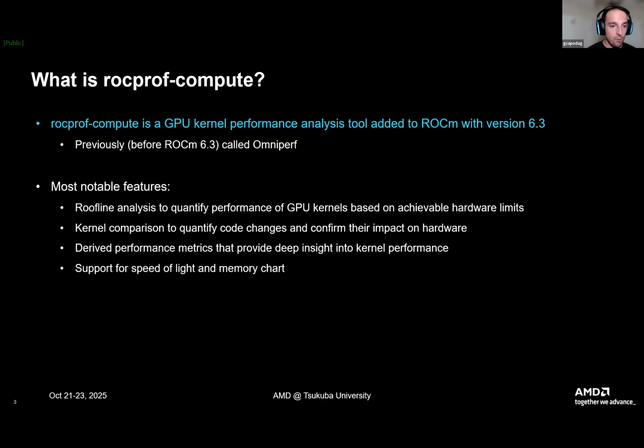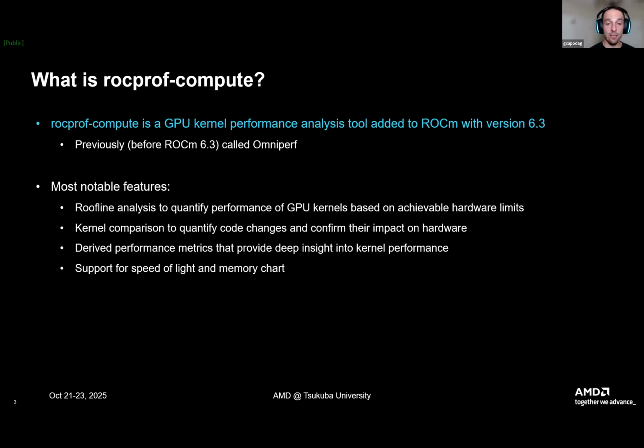The most notable features of Rocprof-compute are that it can provide rooflines to quantify the performance of your GPU kernels based on the achievable hardware limits. Something else that's very interesting is that you can do kernel comparisons.